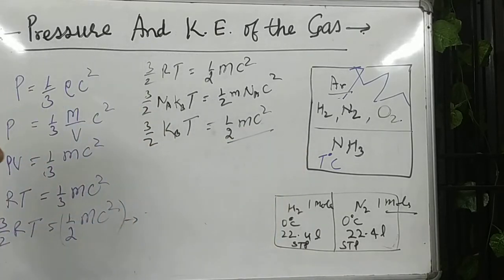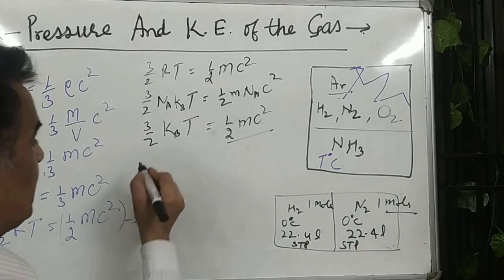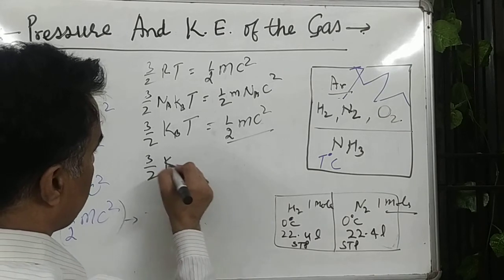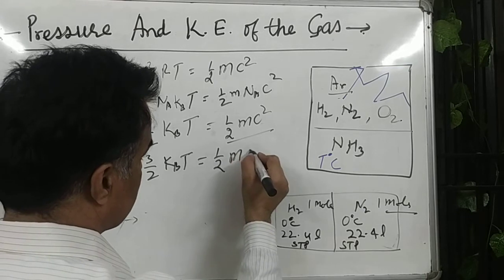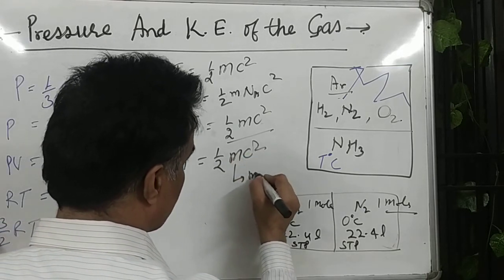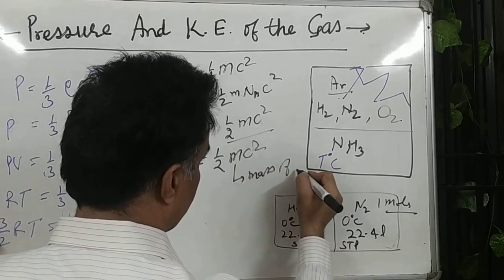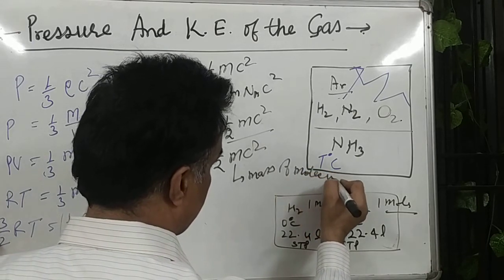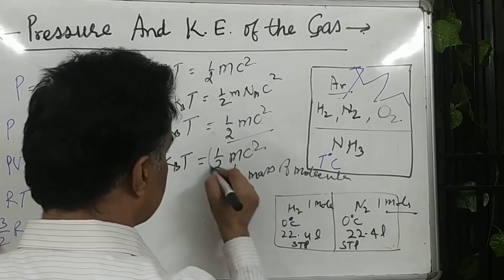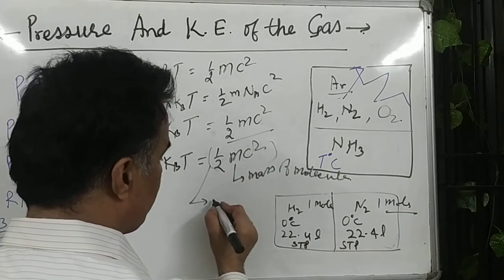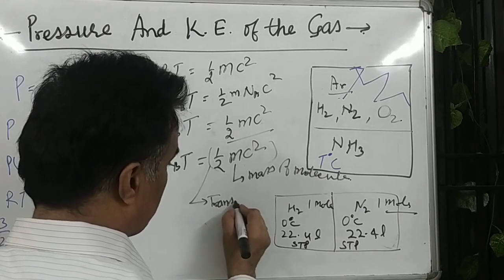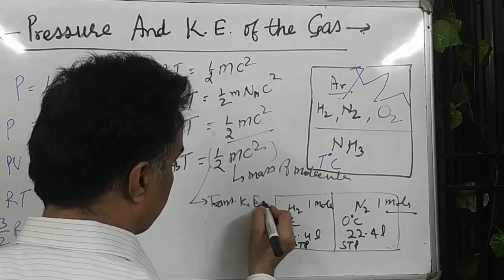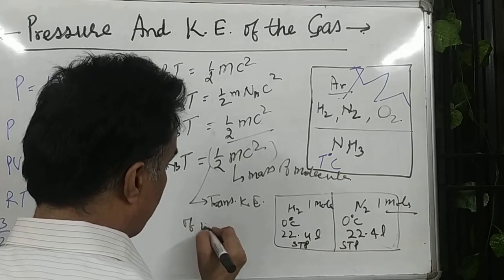This is the kinetic energy of one molecule, 3 by 2 KbT, which equals half mc square, where m is the mass of one molecule. This is the translational kinetic energy of one molecule.